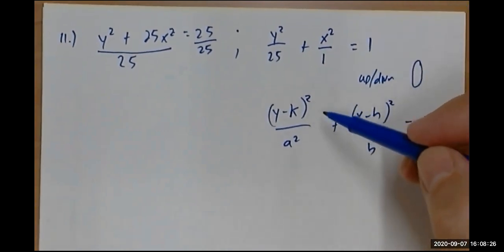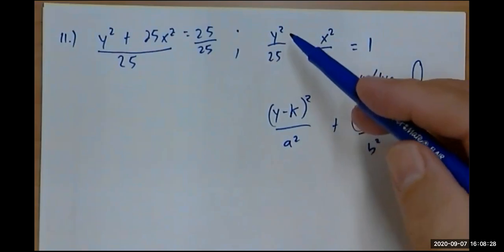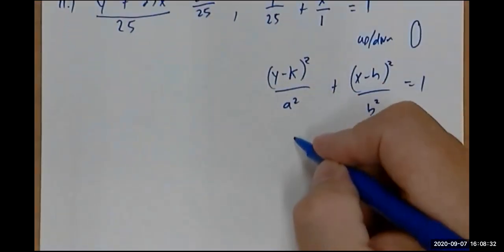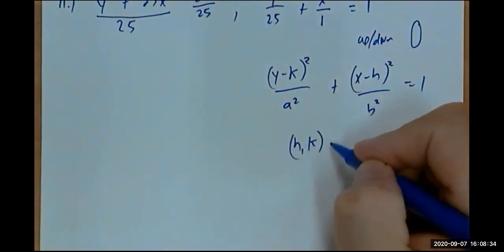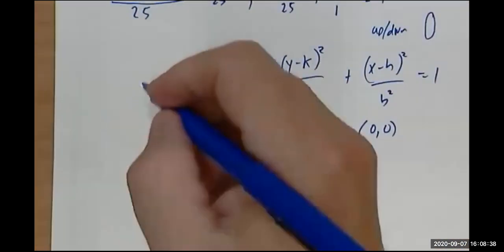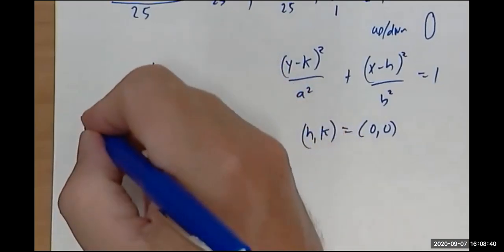First thing I can do is figure out my center, which is h, k. Since there are no parentheses here, h, k must be 0, 0. So my center's at the origin. Let me do my graph over here.